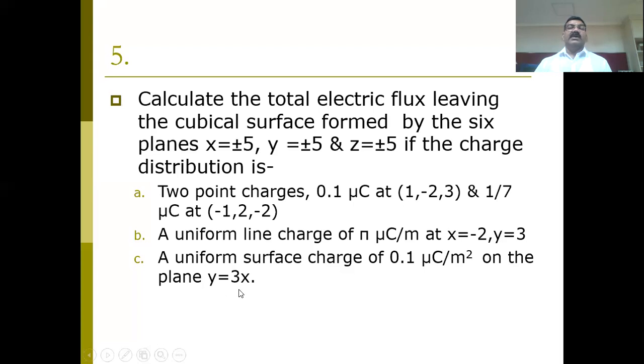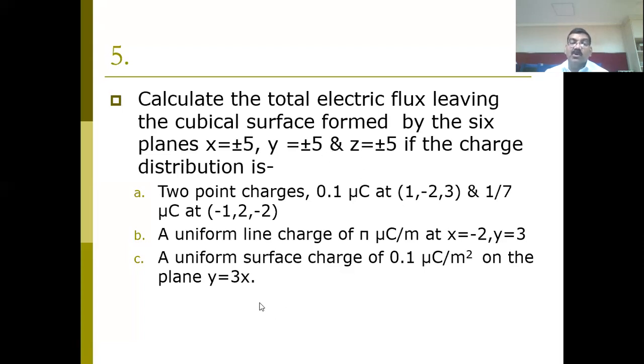And then a uniform surface charge of 0.1 microcoulomb per meter square on the plane y equals 3x. Again, this is somewhat tricky. I'll give this as the challenge to you.